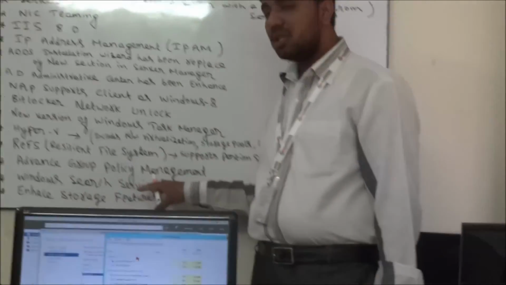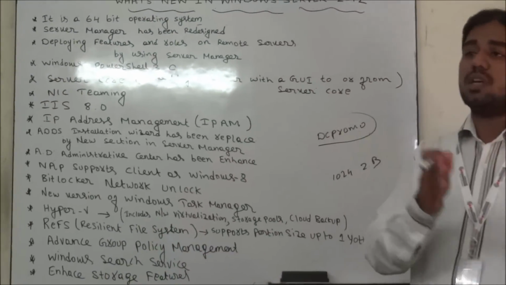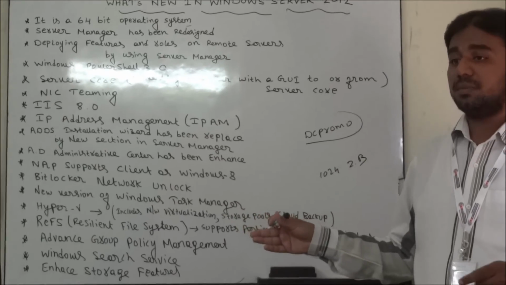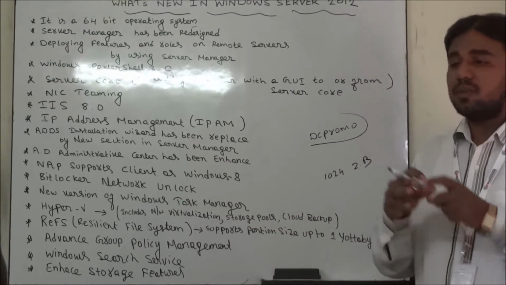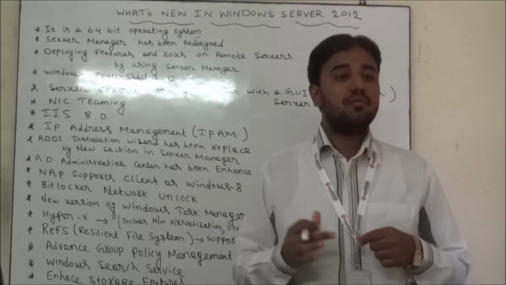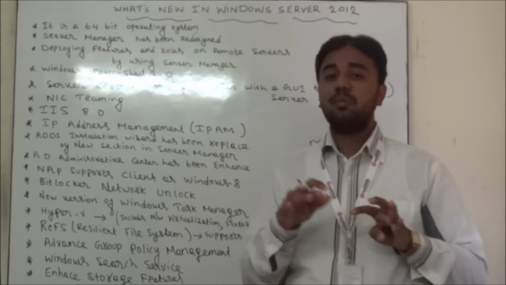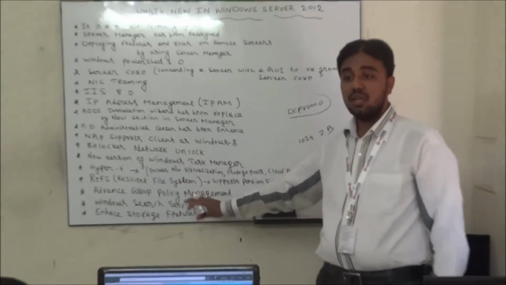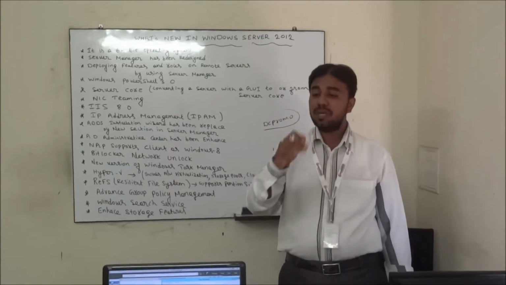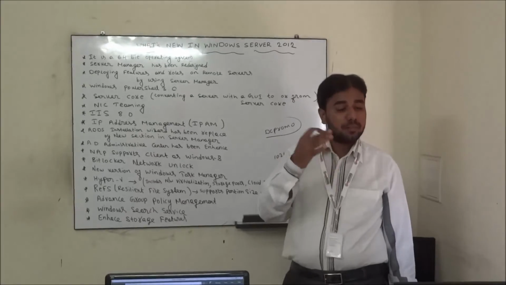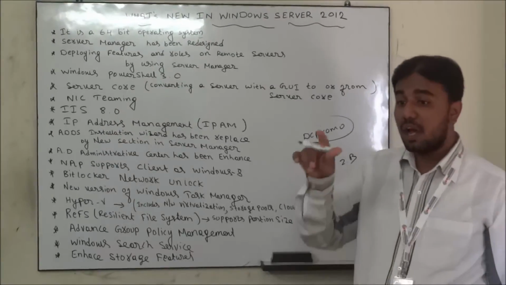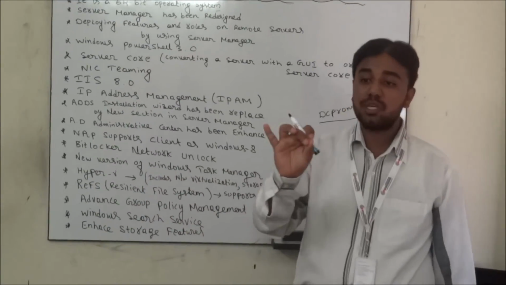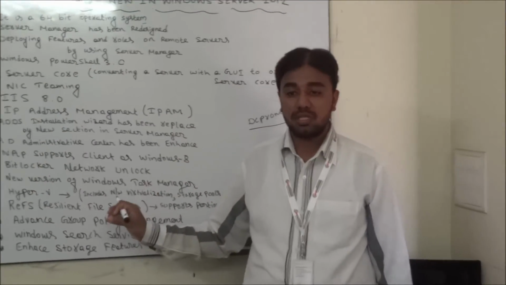So advanced group policy management. When you compare to Server 2008 R2, we have advanced group policy management here. If I've made any changes to group policy, we used to go to the command prompt and update our group policy. But here I have an option to schedule when my group policy will start updating automatically, and graphically, when I right-click on my GPO, group policy object, I have an option to update my group policy.